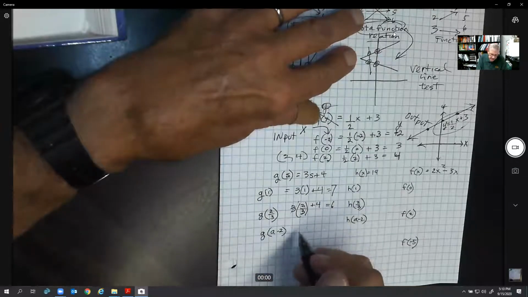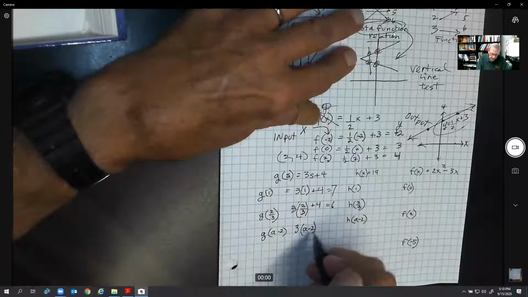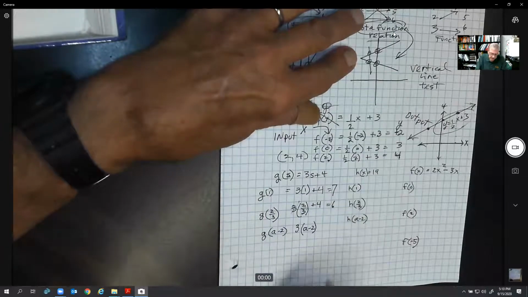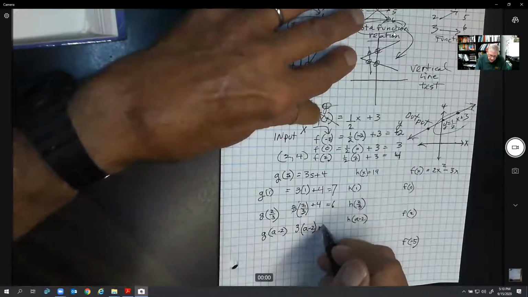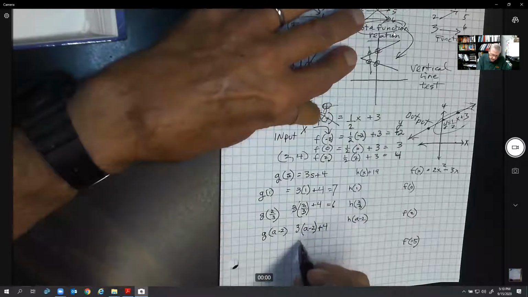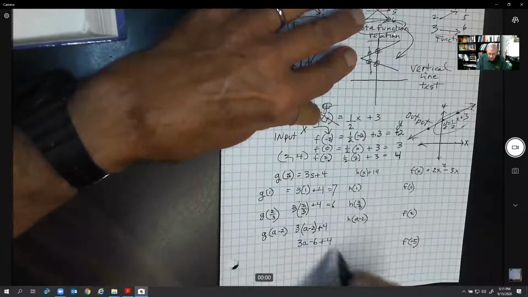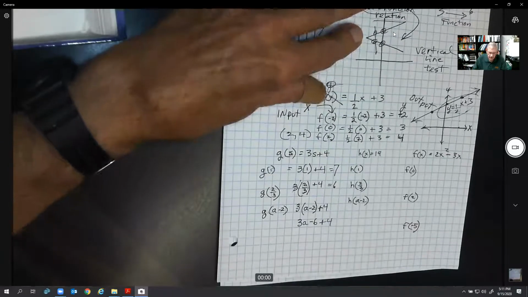Now I'm going to put in something really strange, an a minus 2. That's why I want to use parentheses. Notice when I sub, I put parentheses plus 4. So underneath here, I'm going to distribute that. That would be 3a minus 6, right? Plus 4. But I want to simplify that. I don't want to leave it like that.